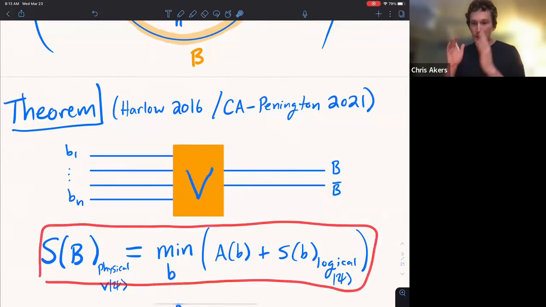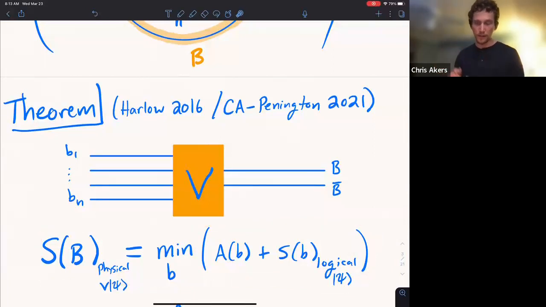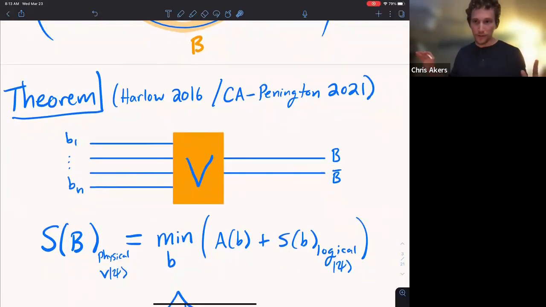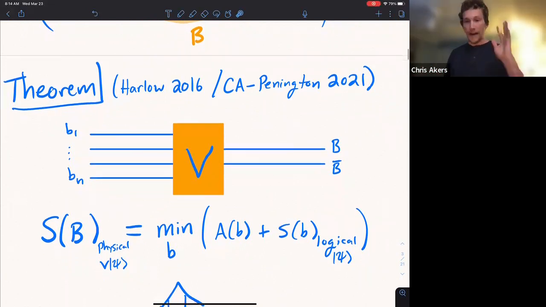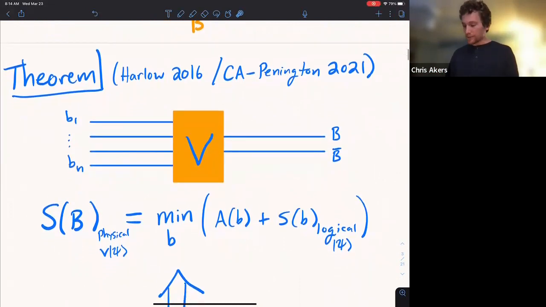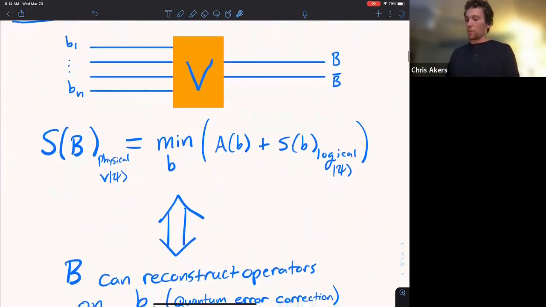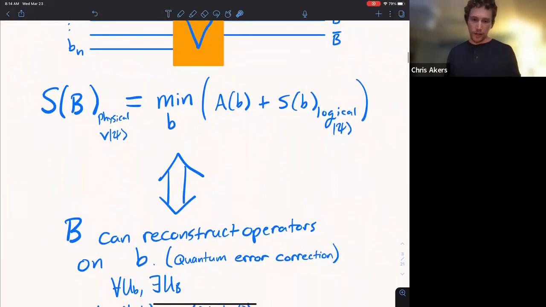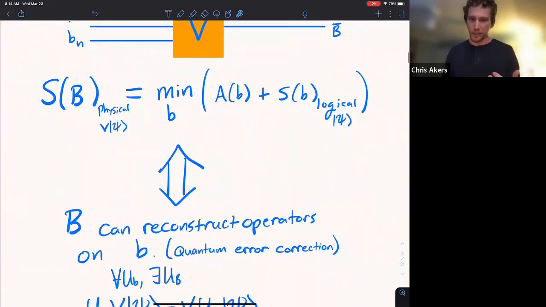That's the condition that you have for your V, one of the two conditions that are equivalent. Not all V will have this, surely. It's a kind of strong condition, but it's an interesting one to consider because AdS/CFT codes seem to have it. That condition is equivalent to one that looks like quantum error correction, so a reconstruction condition.